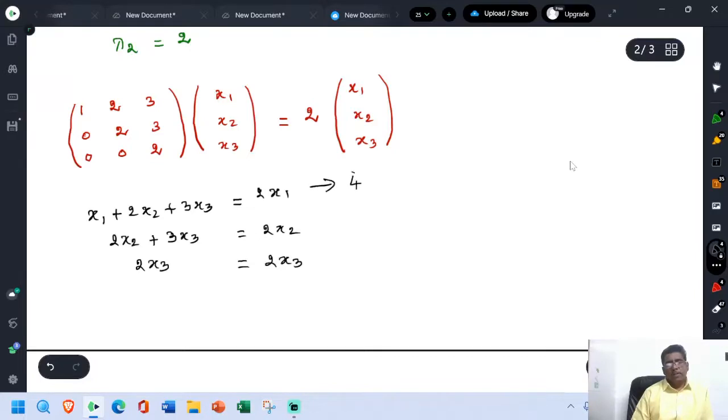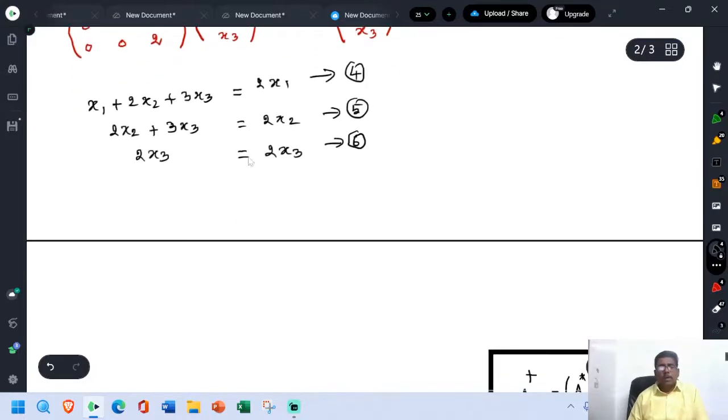This is equation 4, this is 5, this is 6. Now take equation 5. 2x2 plus 3x3 equal to 2x2. Therefore 3x3 equal to 2x2 minus 2x2, that is 0. 3x3 equal to 0. Therefore x3 equal to 0.